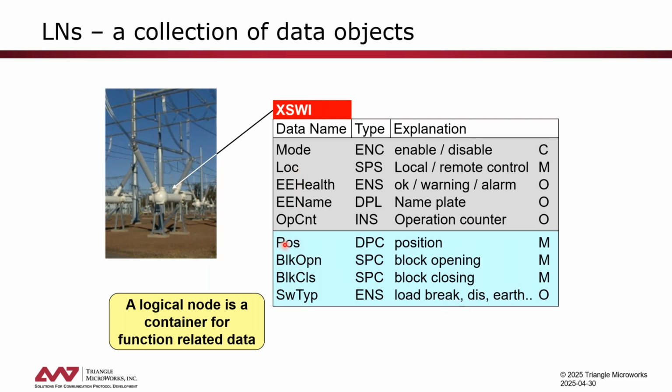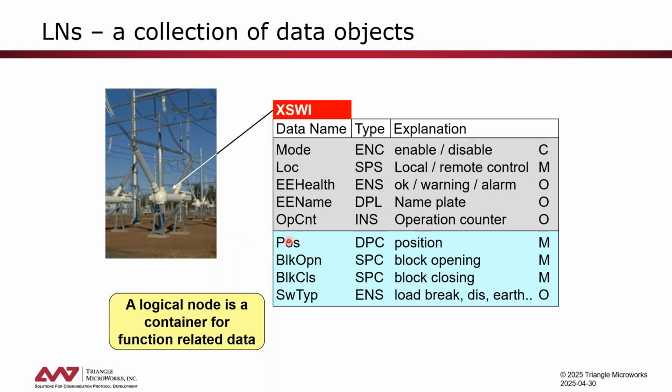We typically have the data attribute that holds the position, but we also have additional data attributes like block opening, block closing, and so on. The gray part that we see here is a set of data objects that we have in all the logical nodes, which we mainly use for management, like nameplate information. We will discuss some of the usage of these elements in future webinars.